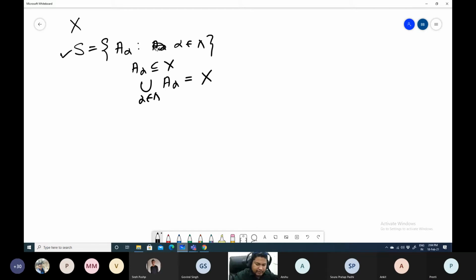Obviously, the elements of a subbasis do not by themselves form a basis. But from the subbasis we can make a basis. How to generate a basis?